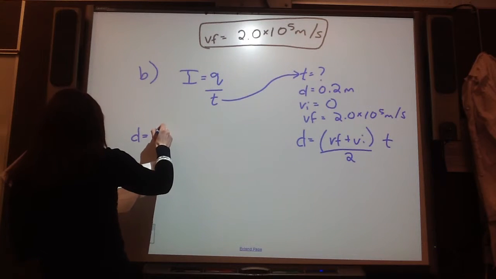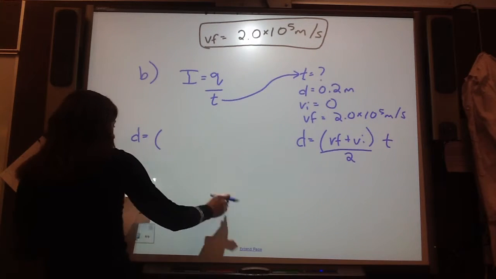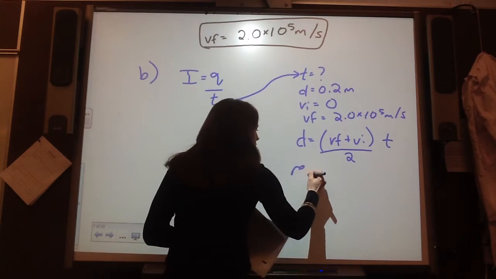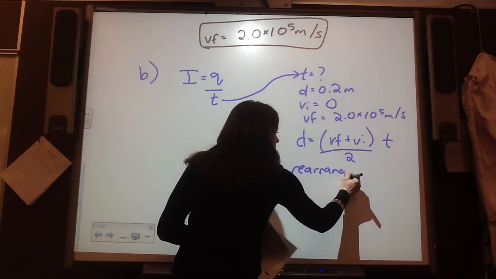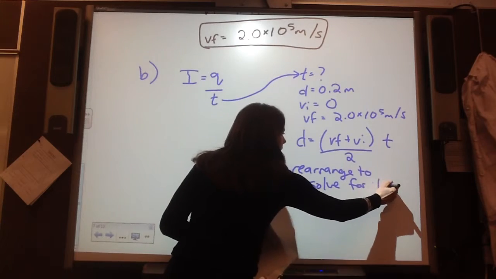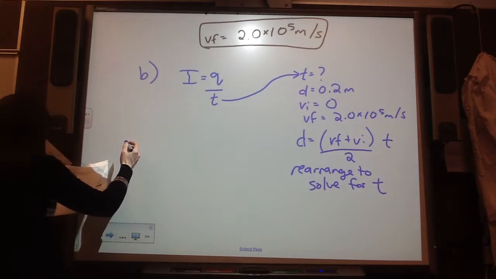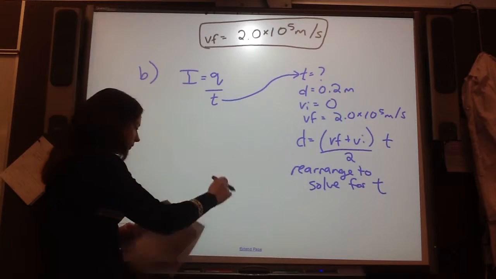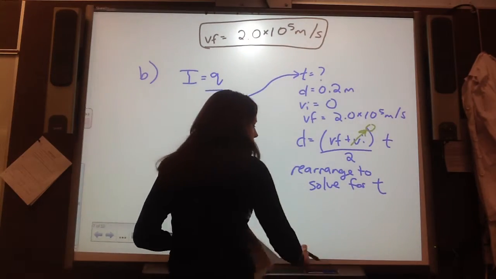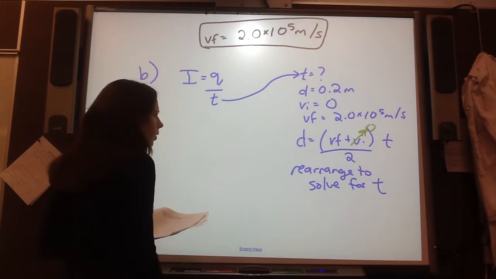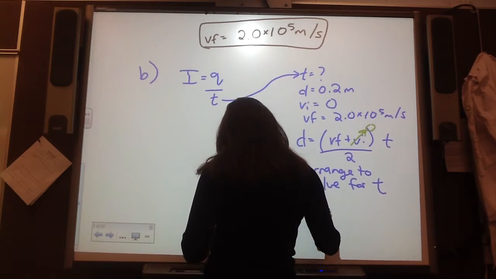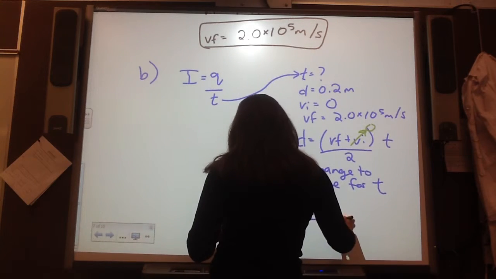I'm going to rearrange to solve for t. You can cross off Vi to make it easier for your rearrangement. So t will equal 2 times d divided by Vf.